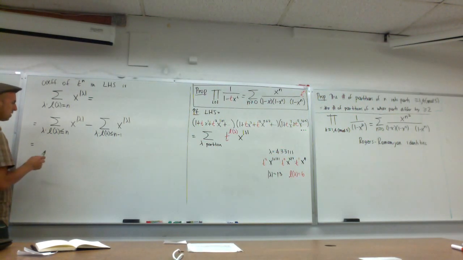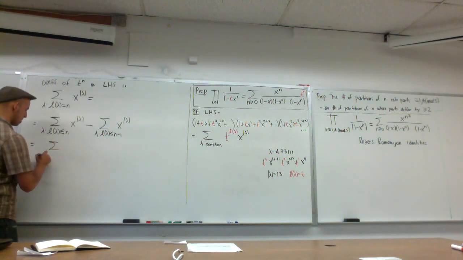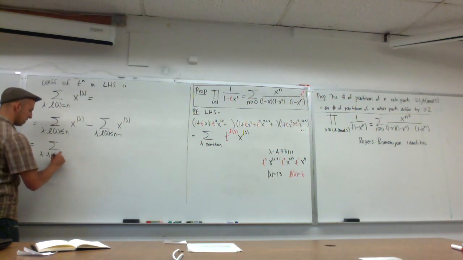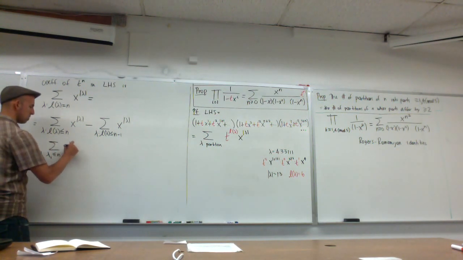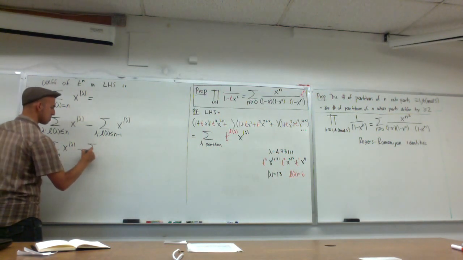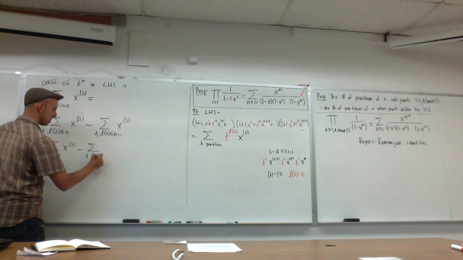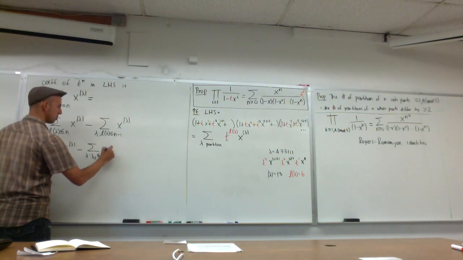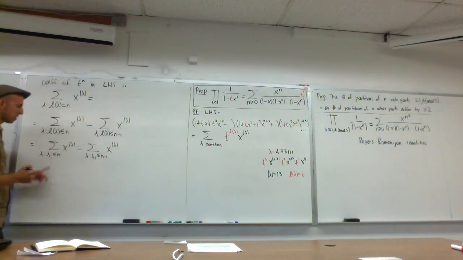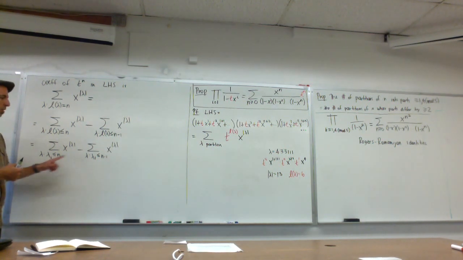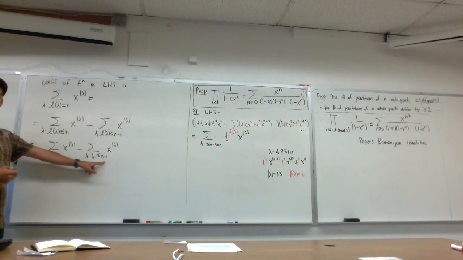So I can write this as sum over the lambda such that the first part is less than or equal to n. In other words, all parts are less than or equal to n here. All parts are less than or equal to n minus 1 here.